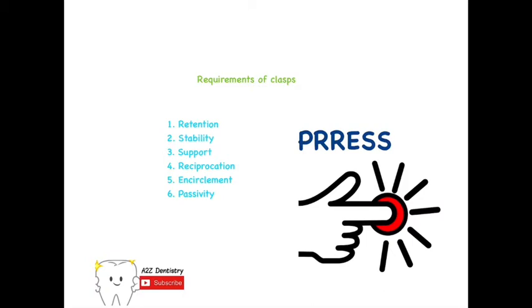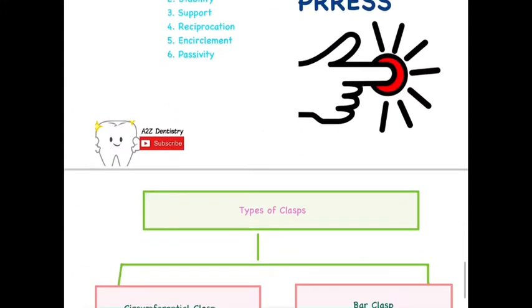Here P stands for passivity, R is for retention, the second R for reciprocation, E for encirclement, and S for stability as well as support. We'll look into this in detail in my next video, right?